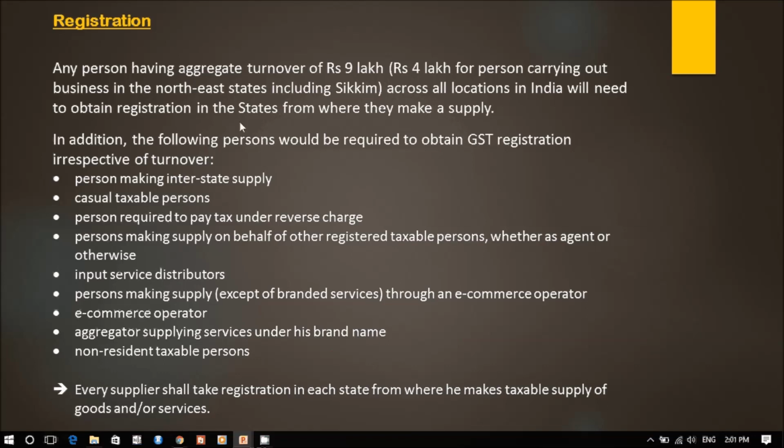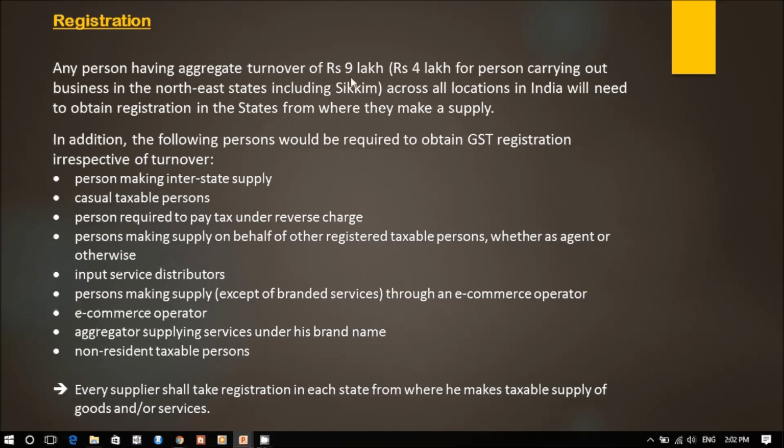Now the question arises: what does aggregate turnover mean? Aggregate turnover includes taxable supply, non-taxable supply, exempt supply, export of goods and services, but does not include material supplied under job work on behalf of the principal.